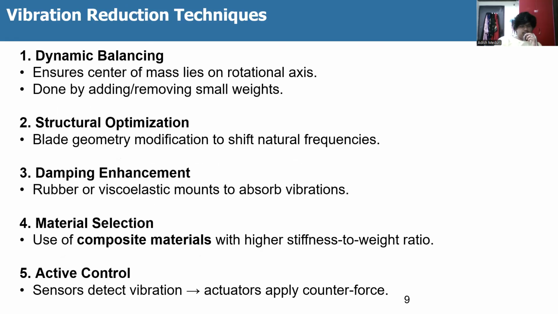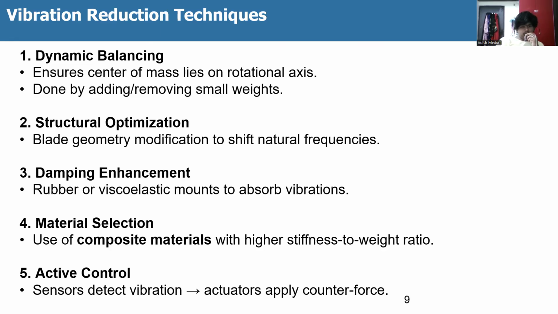The next slide is vibration reduction techniques. There are five. Dynamic balancing ensures the center of mass lies on the rotational axis, done by adding or removing small weights. Second is structural optimization: blade geometry modification to shift natural frequencies.